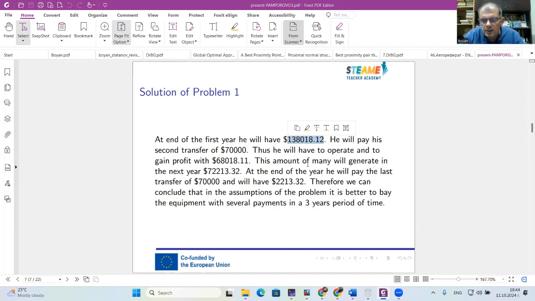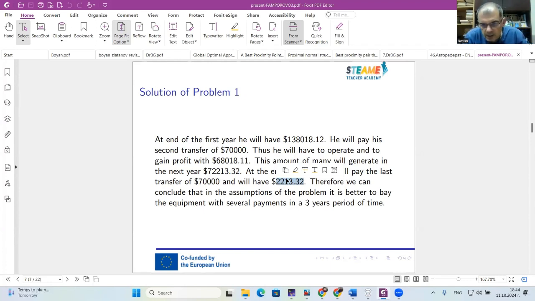And he remains with 68,000. At first glimpse, it seems that it is less than 70,000, but it will give him once again a 6% increase of his money, and at the end of the second year, he will have 72,000, so he will pay the final payment and will remain with $2,000 more.